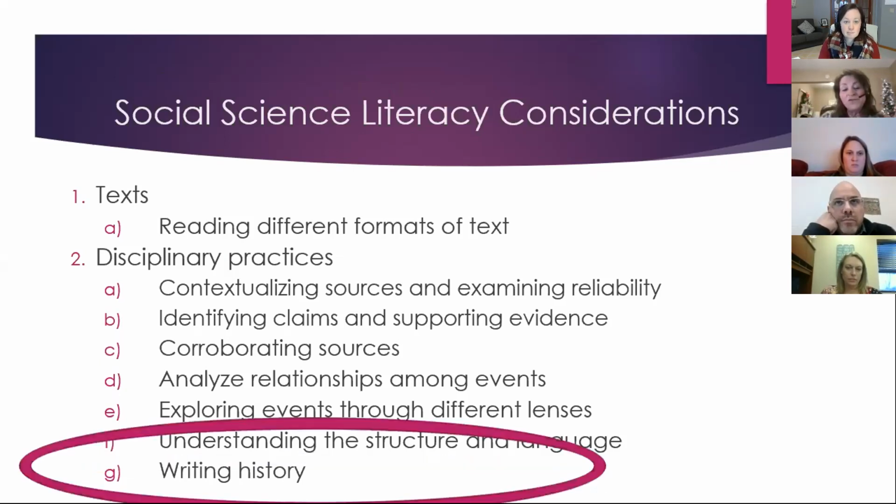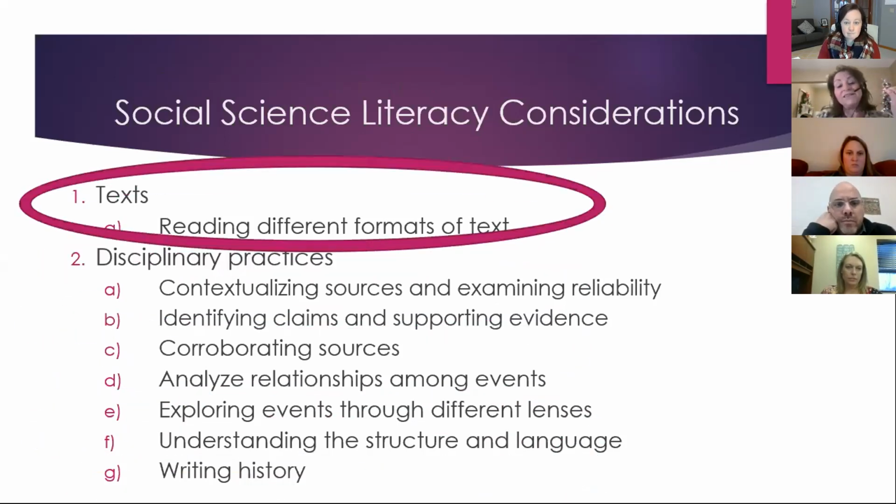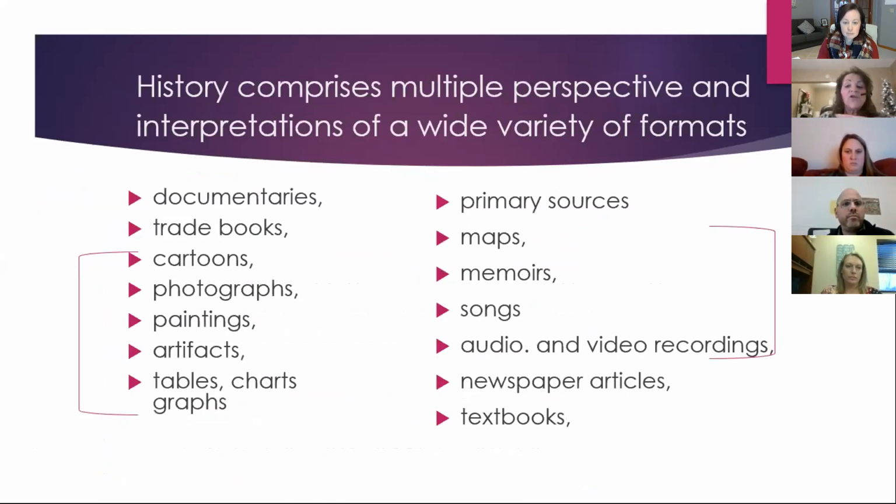So the first thing we're going to start with is texts and reading different formats of text, and a little bit of strategy on how to get them through some longer texts. So as we can see on this slide, and this isn't everything, history comprises multiple perspectives and interpretations of a wide variety of formats.